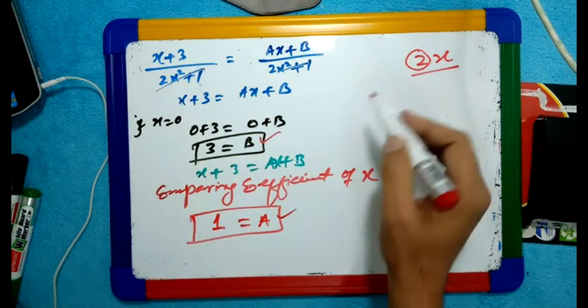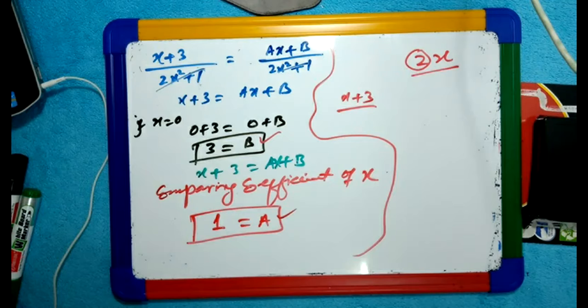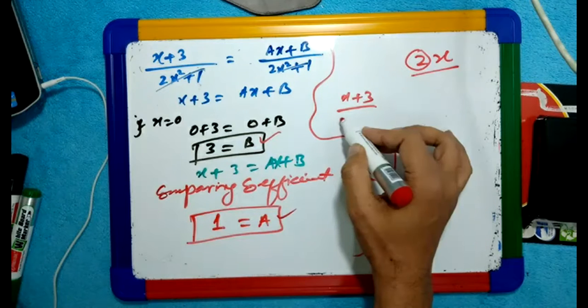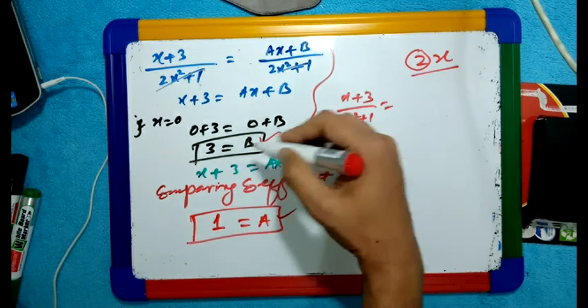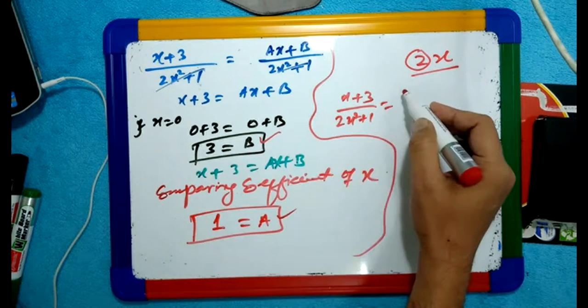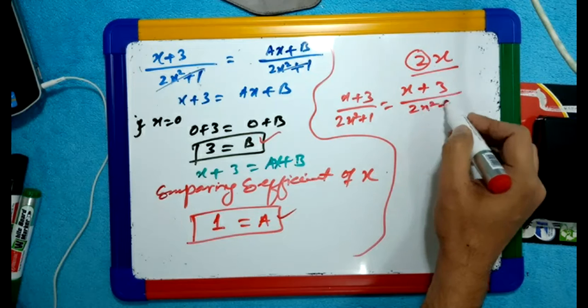So your partial fraction will be like this now. If it was like 3x on the other side, then it would have been 3. So this x square plus 1, a was 1 and b was 3, over 2x square plus 1.